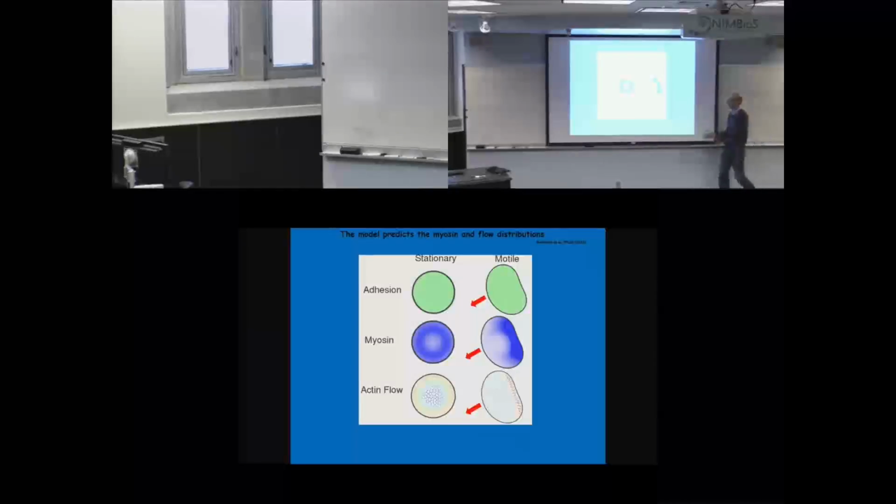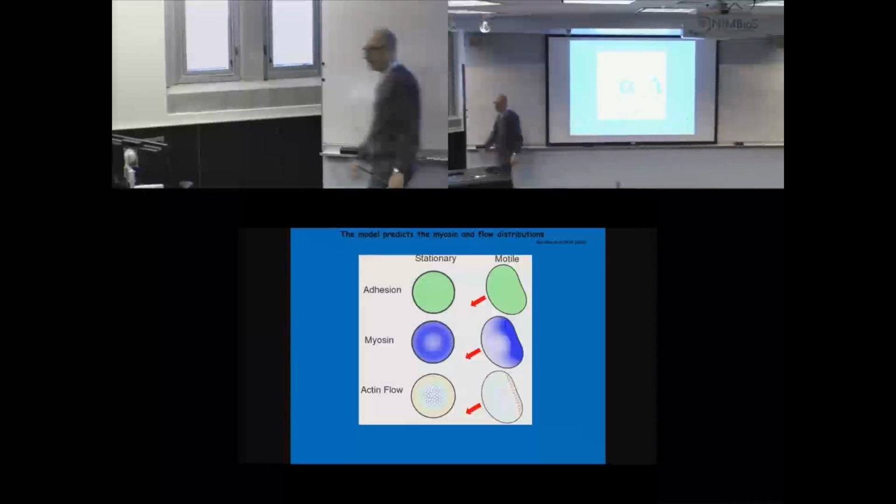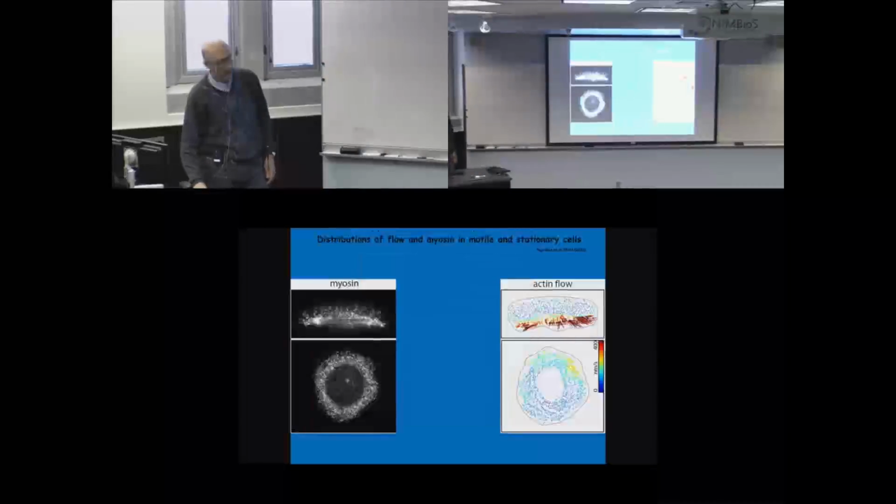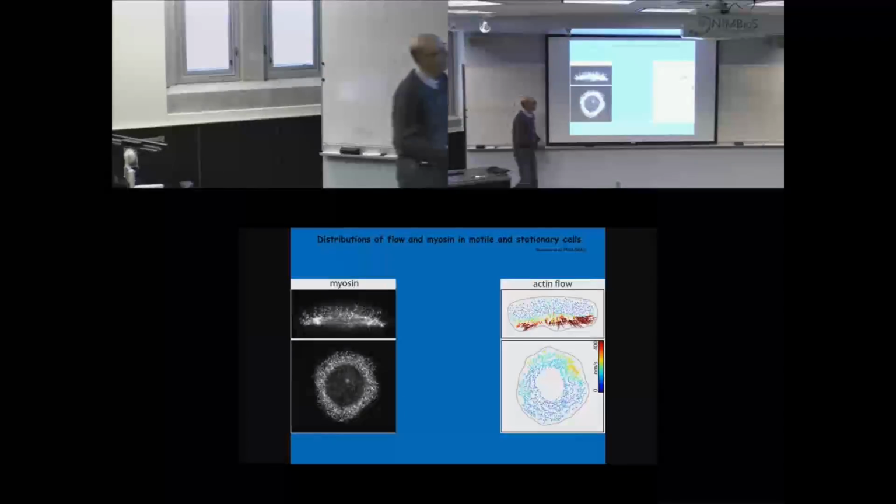Because the actin network just sweeps the myosin to the rear, and that's where most of the flow will be, because you need a high concentration of myosin and a high gradient of it to create this flow. And experiments indeed confirm that all those are the cases.